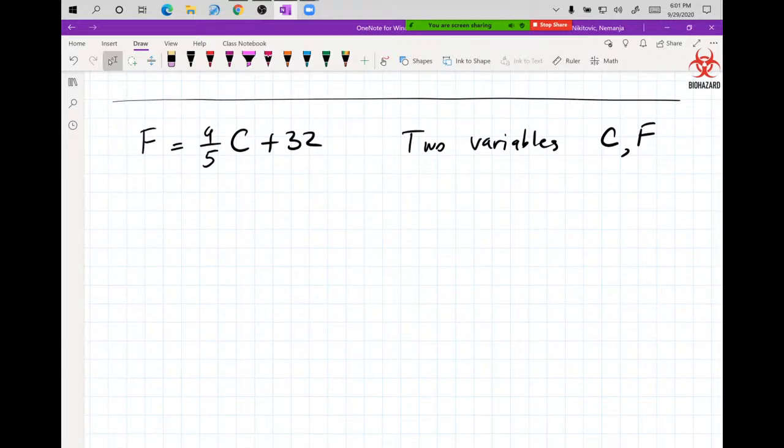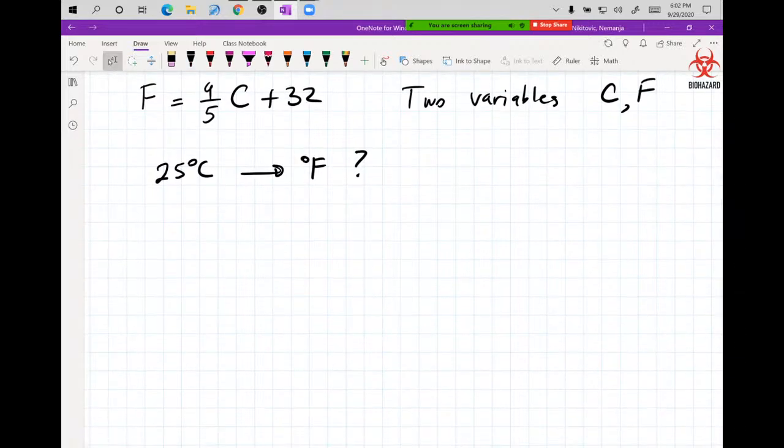So one of your questions, I believe in homework, or we did it during the class, was to convert, let's say, 25 degrees Celsius into Fahrenheit. How much is 25 degrees Celsius in degrees Fahrenheit? You will do that by simply plugging this 25 in for C, and you can calculate the equivalent temperature in Fahrenheit.